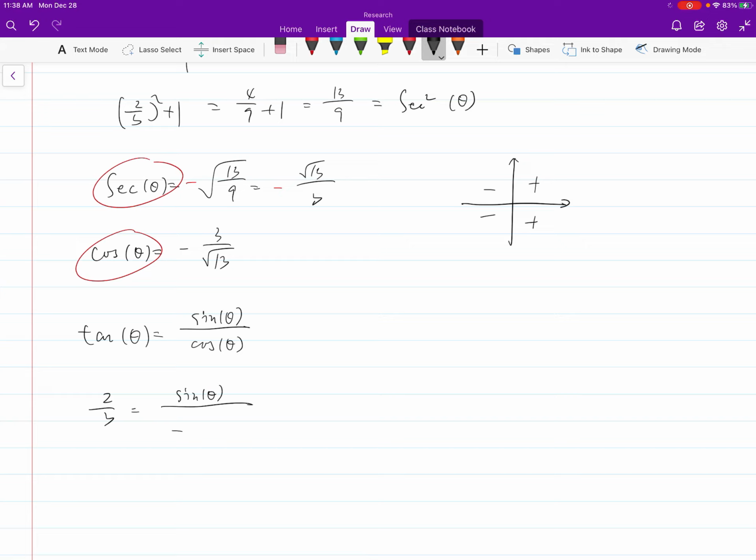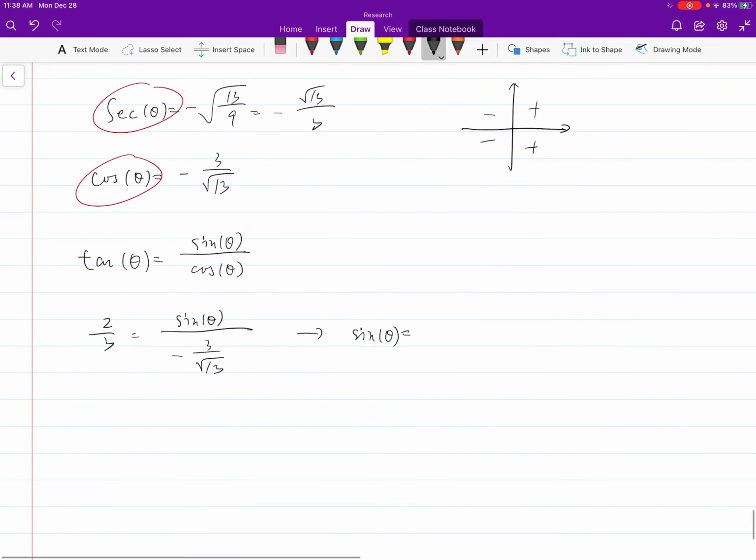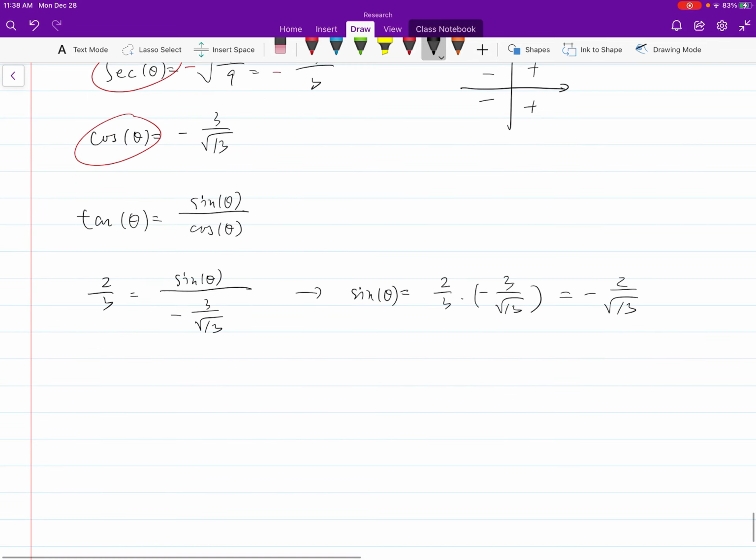We do know sine, cosine. Then cosecant. So we finished.